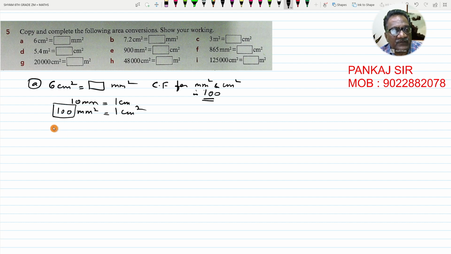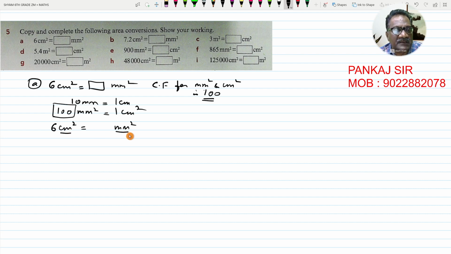Once it is known that 100 is the conversion factor, now what to do? Your question is 6 centimeters squared, you have to convert into millimeter squared, isn't it? Now, decide which is a smaller unit and which is a bigger unit. Everybody knows that centimeter squared is a bigger unit than millimeter squared.